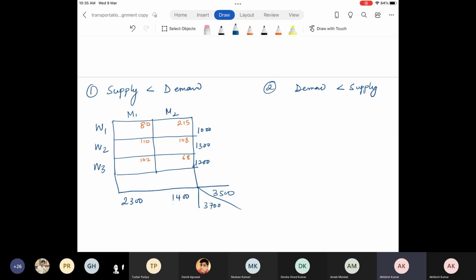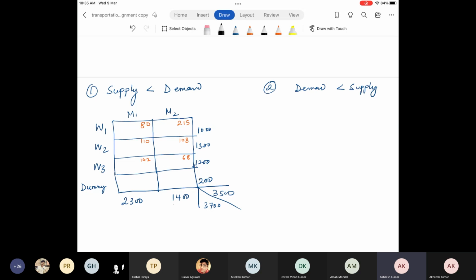In this case, we add a dummy supply point. So we assume that there is a dummy warehouse, although it does not exist, which can supply that much. So we have to give 200 supply.